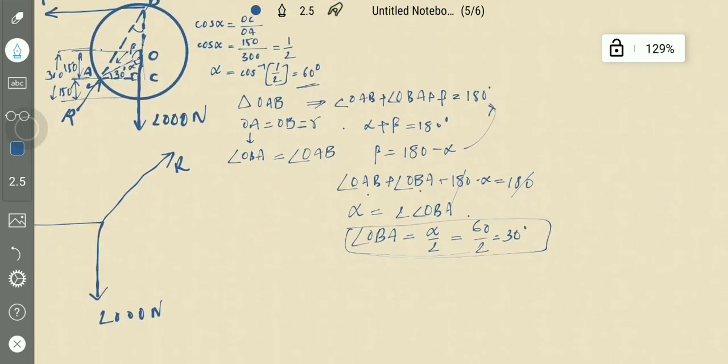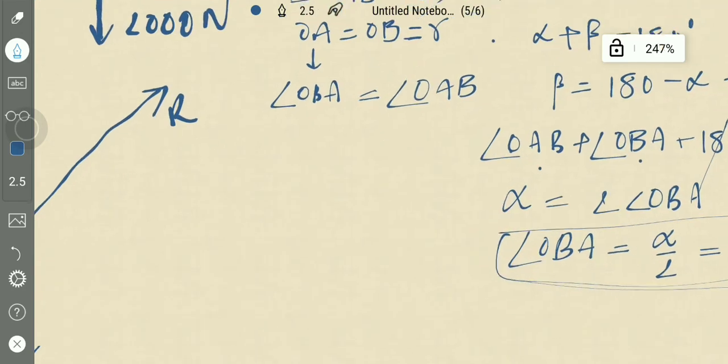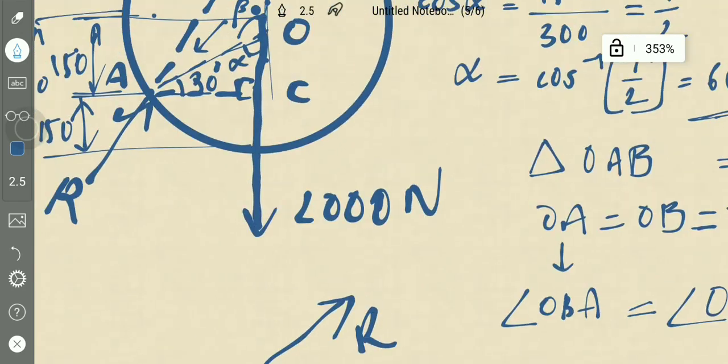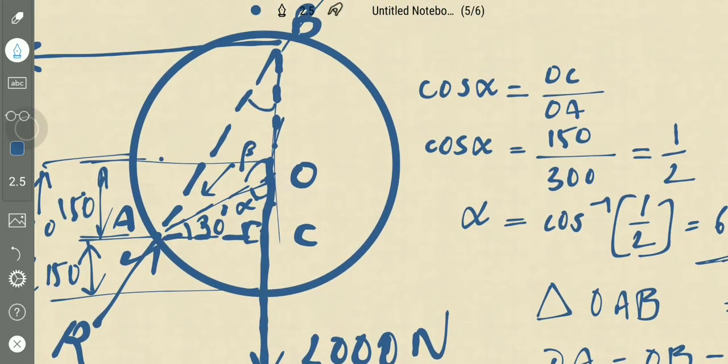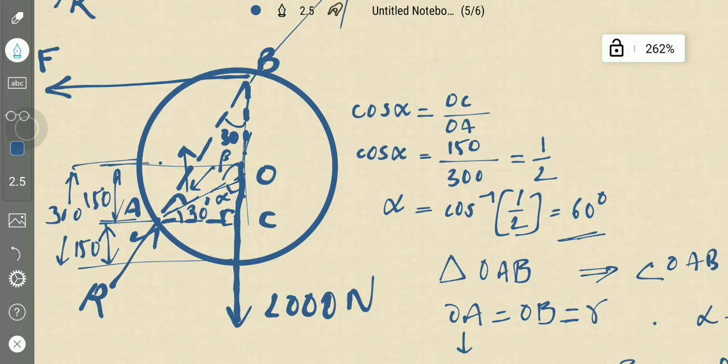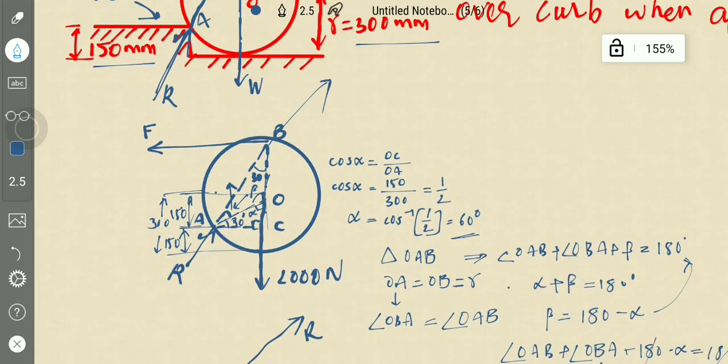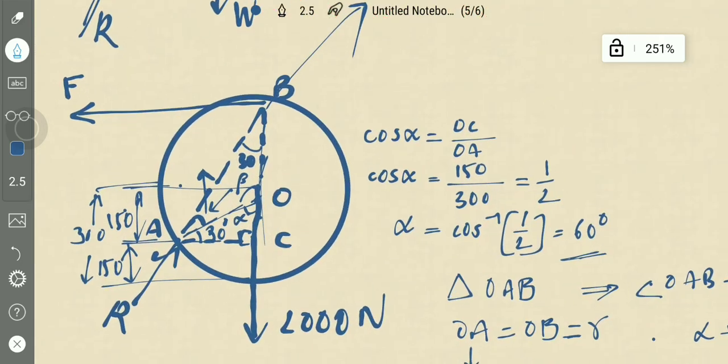Here we got angle OBA as 30 degrees. If this is 30, this angle will be 60 degrees.